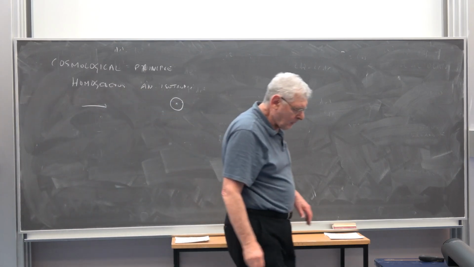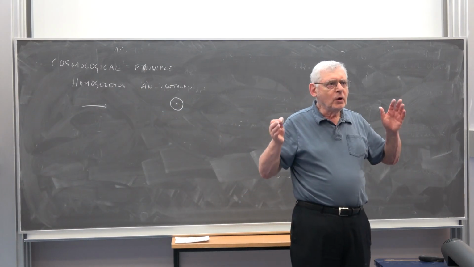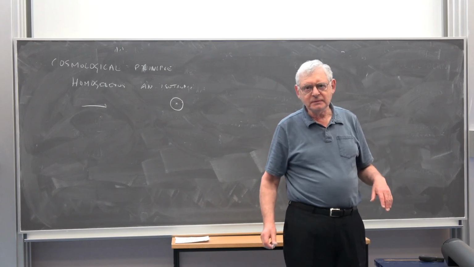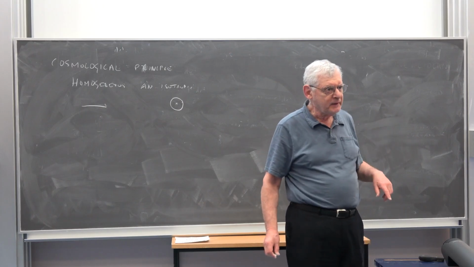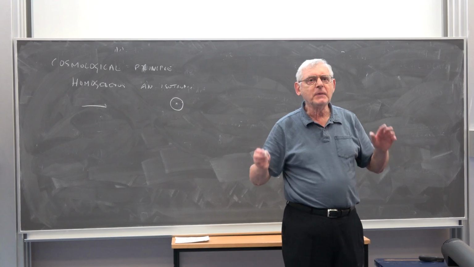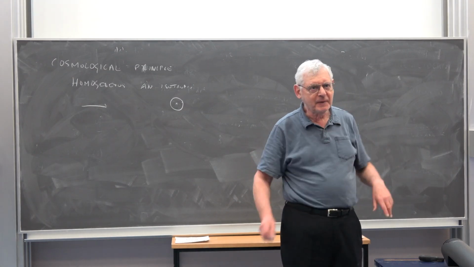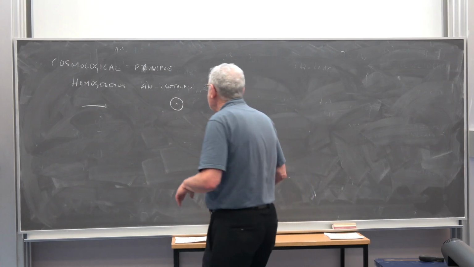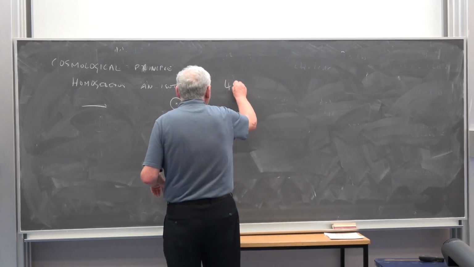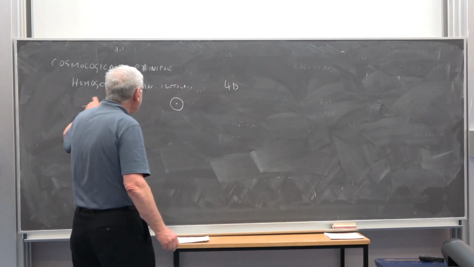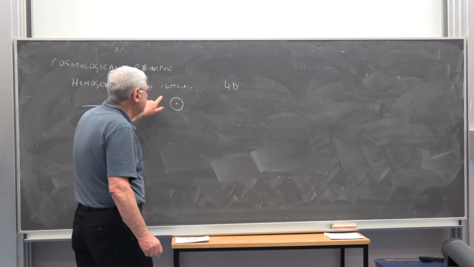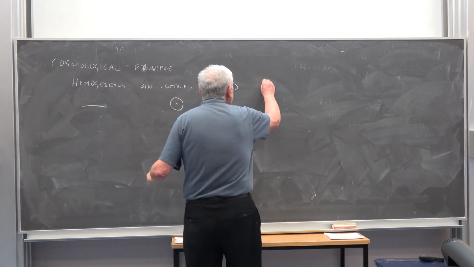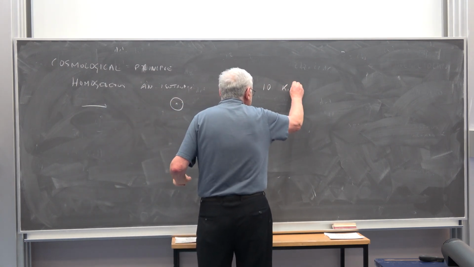Now, your immediate reaction, which is fully justified, is to think that it must be true of space and time. And when we're in 4 dimensions and it's homogeneous and isotropic, there are 10 Killing vectors.